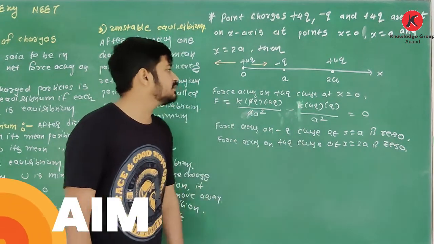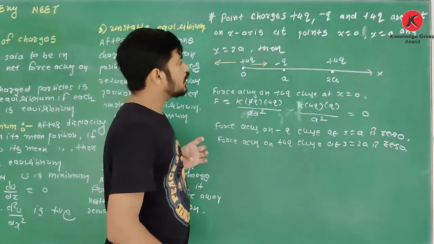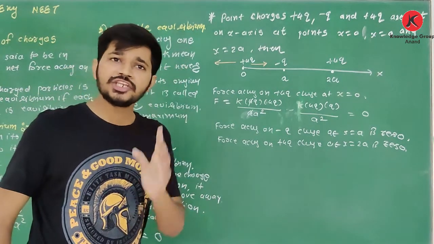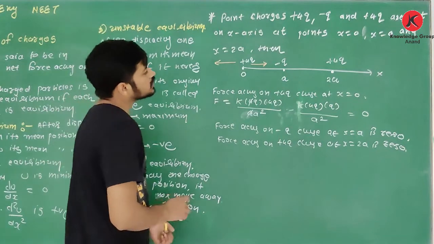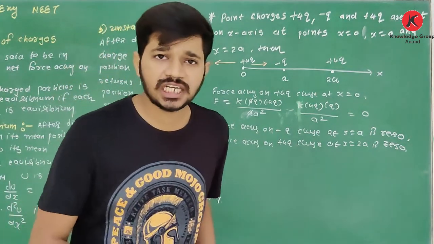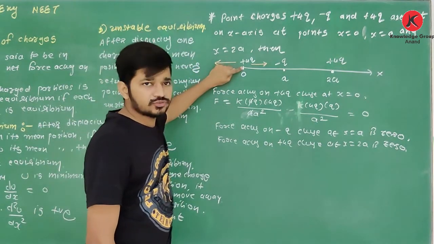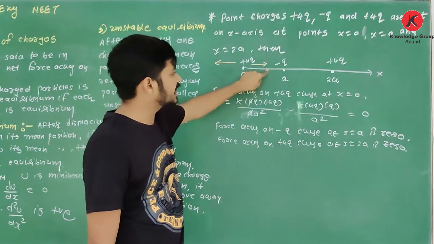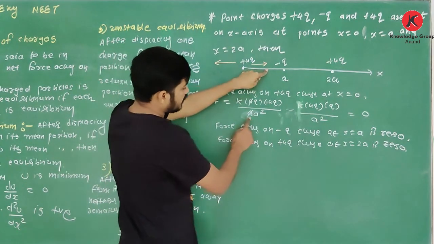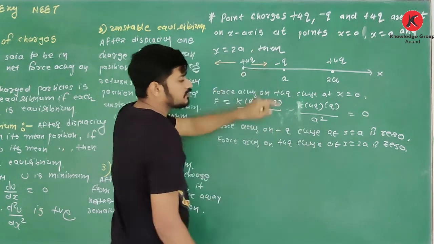Now in which equilibrium? Stable equilibrium, unstable equilibrium, or neutral equilibrium? For that, what I have to do is move any one charge. Suppose I move this 4q charge towards this direction. From the figure it is clear this 2a distance will change, the distance a will also change.